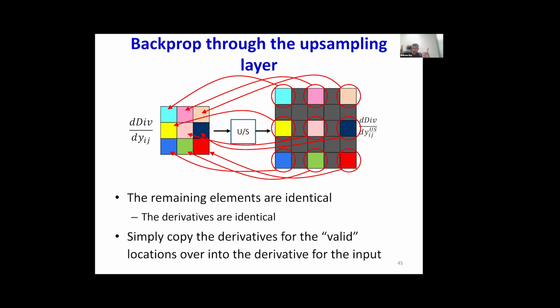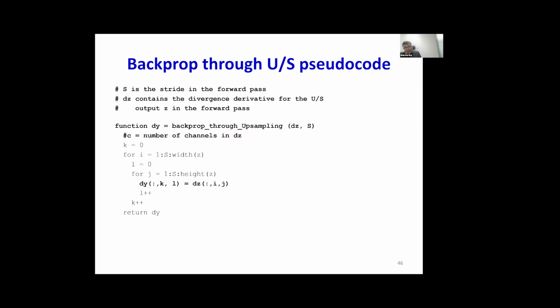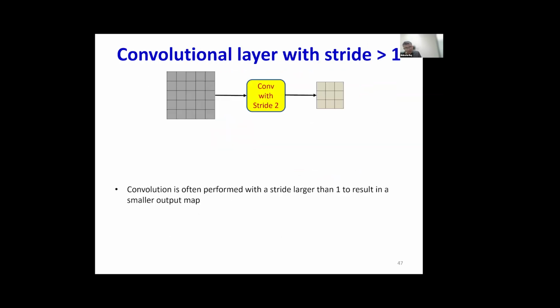During backpropagation, we have to make sure that the derivative maps are the same size as the inputs to the operations. So here's the backpropagation of the upsampling code.